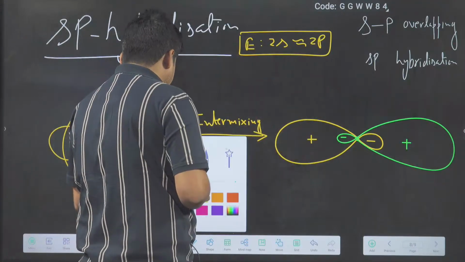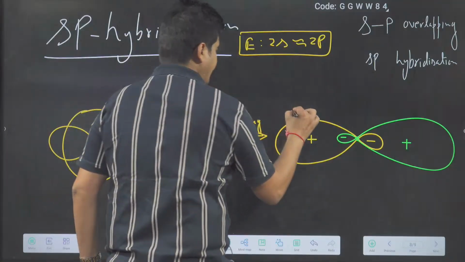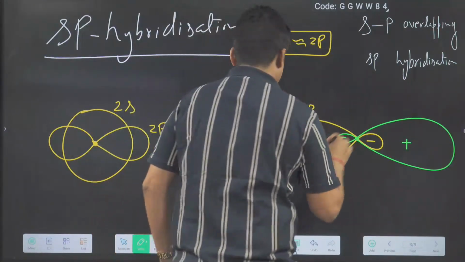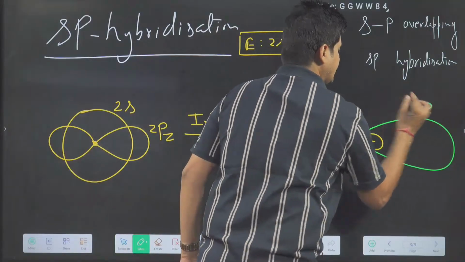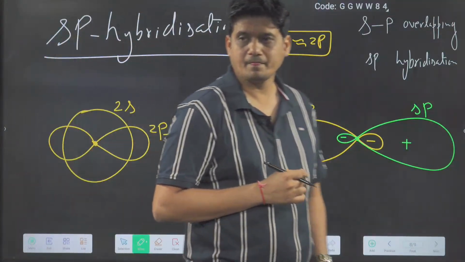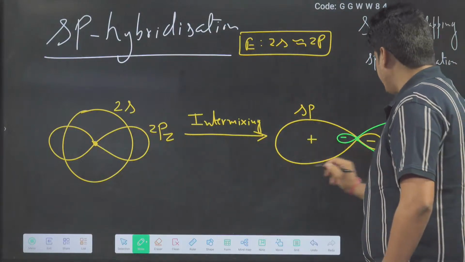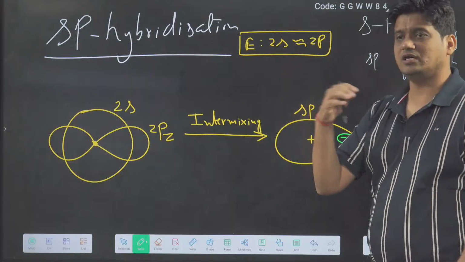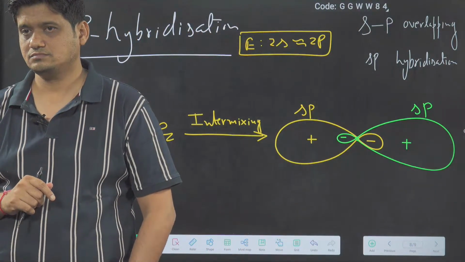So actually, this is an sp hybrid and this is another sp hybrid. You can check, two sp hybrid orbitals are there. One is drawn in yellow and another in green for easier identification. Okay or not?